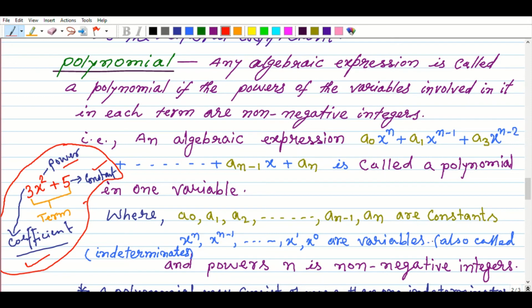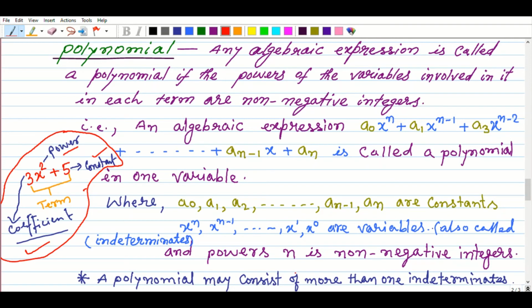The combination of constants and indeterminates forms an expression, and when you are going to form terms, we use the plus and minus sign. Without plus and minus, there must be exactly one term, but if you want to form more than one term, addition and subtraction is required to form the next term, right?